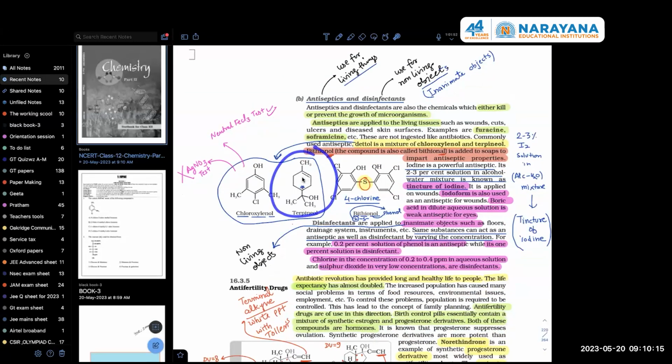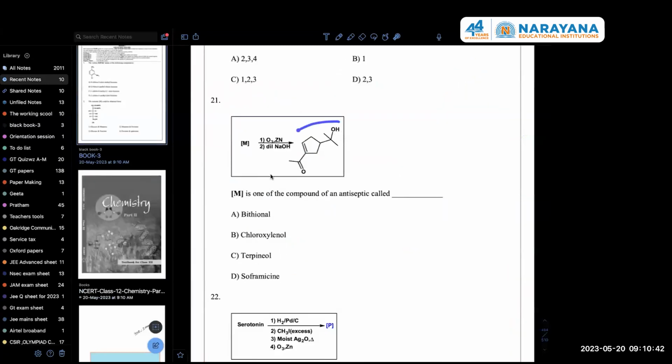If you do ozonolysis, this double bond will break and that will become CH3, C double bond O, and here we have CHO and here we have 2 methyl and OH. Now, by using NaOH, do aldol. For aldol, this alpha H is gone, the minus charge will attack here. This will become OH. So a 5-member ring will be created. That only I am asking in the question.